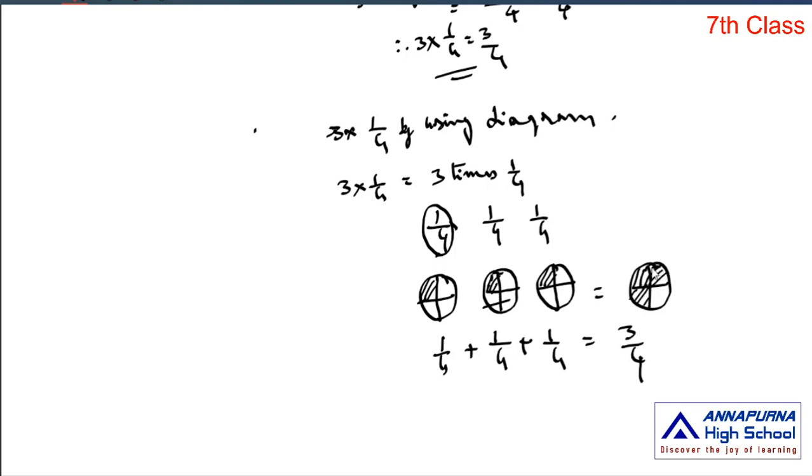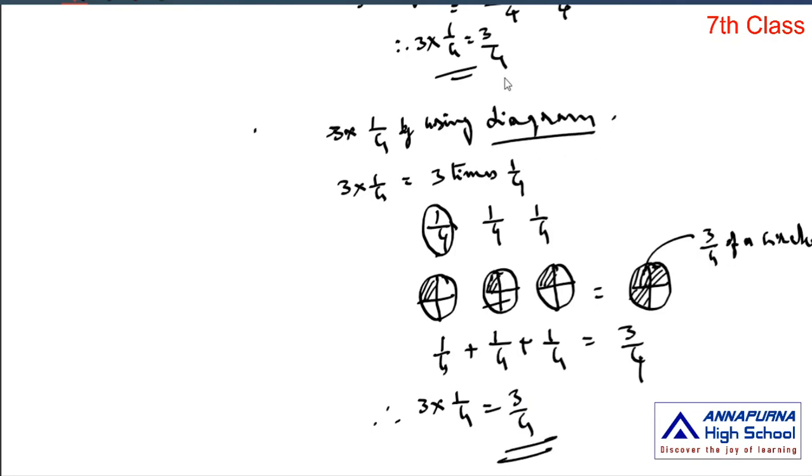It represents 1, 2, 3. It represents 3/4 of a circle. So therefore 3 into 1 by 4 is equal to 3 by 4. So by using diagram also we get the same answer, 3 by 4.